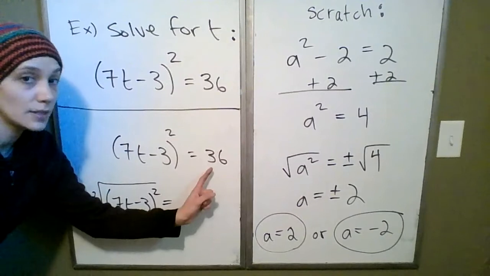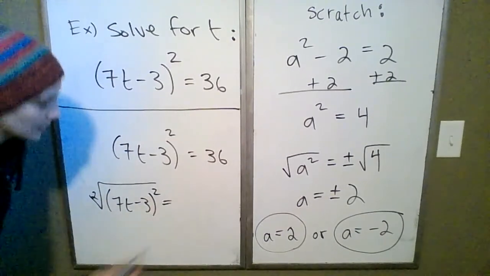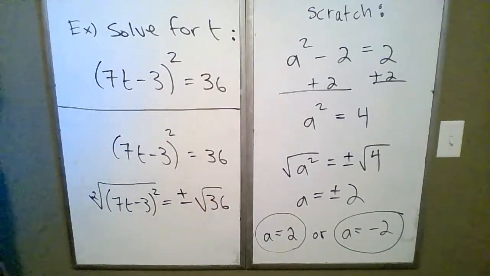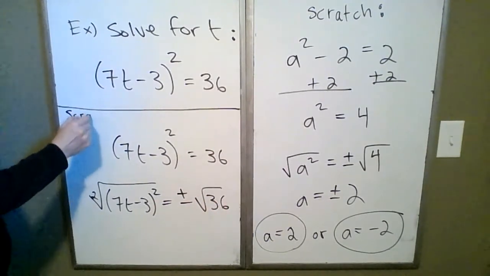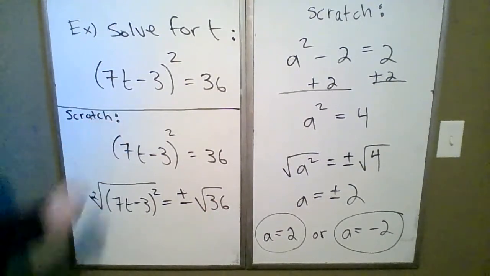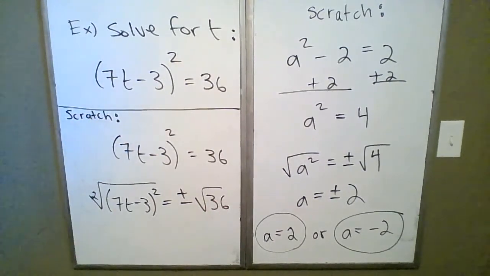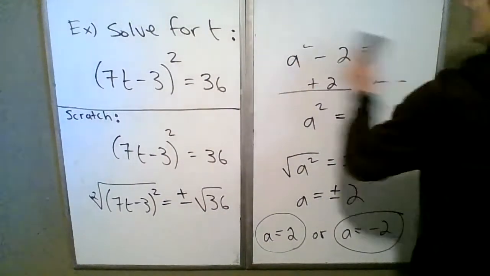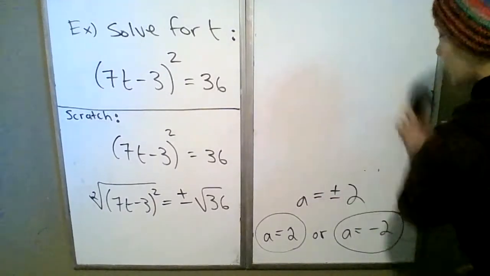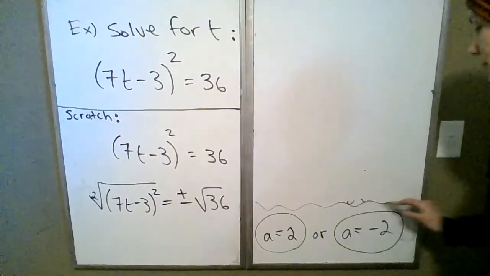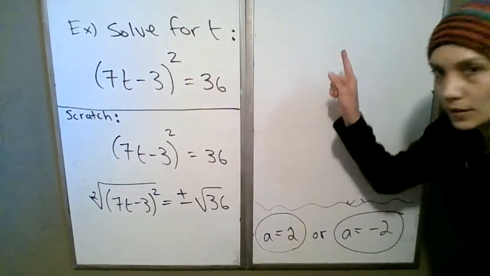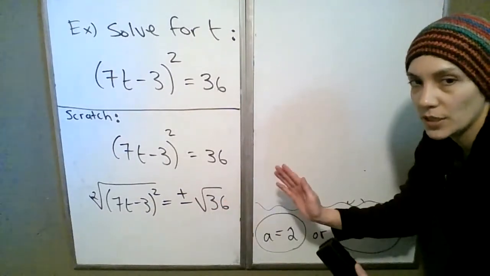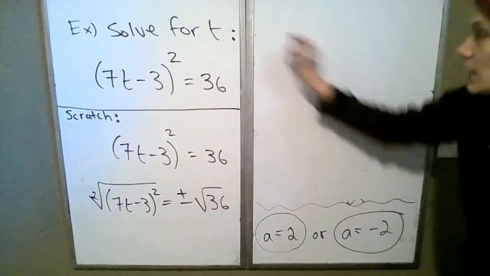I'm going to square root this number. We're going to put a plus or minus in front of that root. So from here over to there, the power of 2 and the root 2 are going to undo each other and leave 7t minus 3.